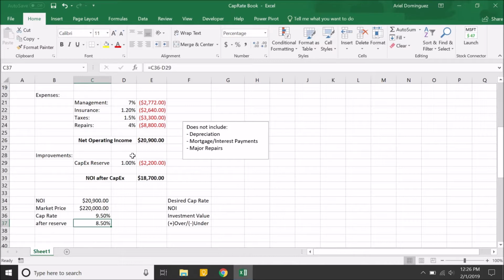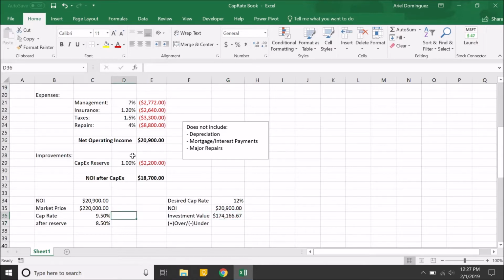Now, is this a good value? Is this a property worth investing in? Well, that depends on the desired cap rate for yourself. So let's say you wanted a 12% cap rate. We know that the net operating income is just under 21K. If we go ahead and take the net operating income and divide it by our desired cap rate, that gives us the investment value, or basically the value of the property that's worth for you to be able to make the purchase.